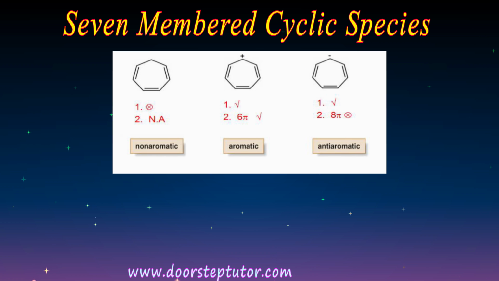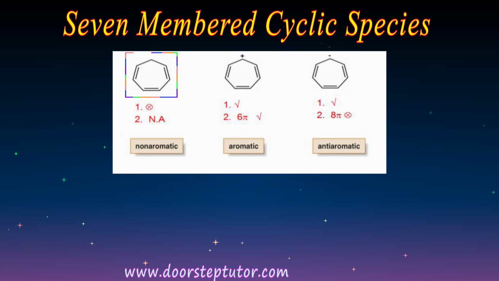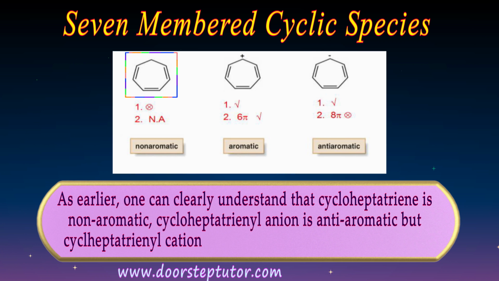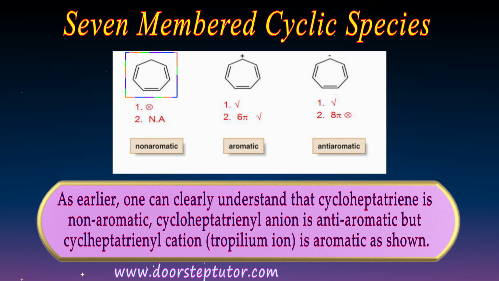Here we can see that the first compound, cycloheptatriene, is not fulfilling the first condition. It is cyclic, it is planar, but it does not have conjugated double bonds. Alternate double bonds are not present here, so it is not fulfilling the first condition. So this is non-aromatic. Also it is not fulfilling the second condition.